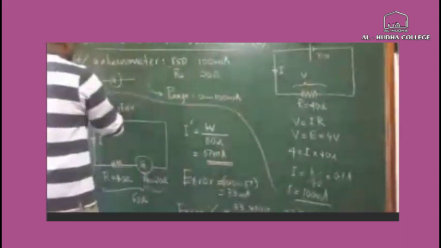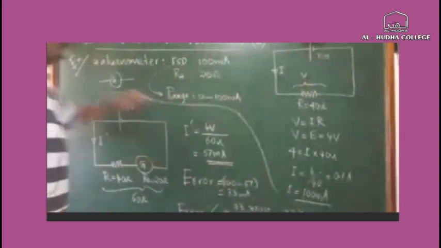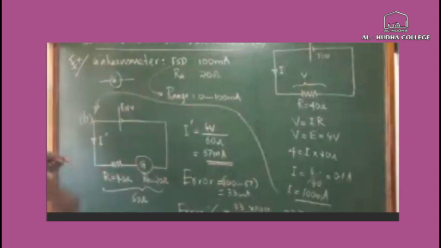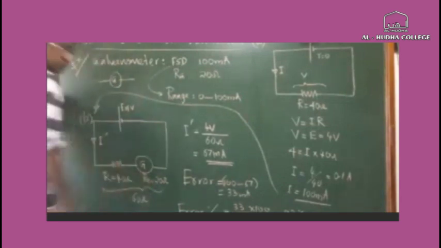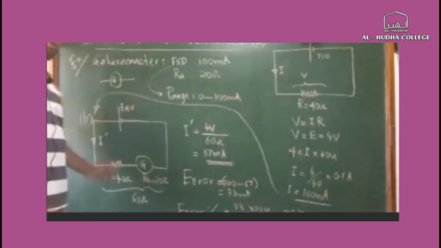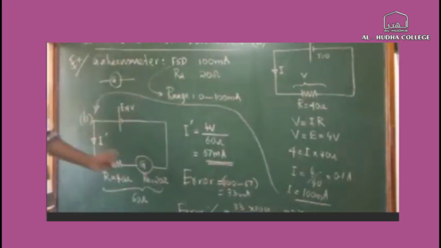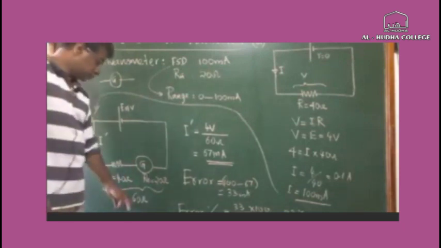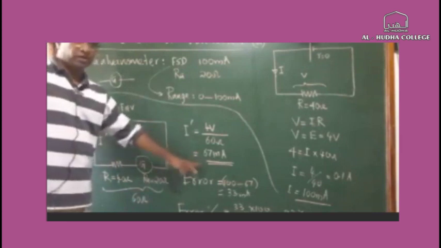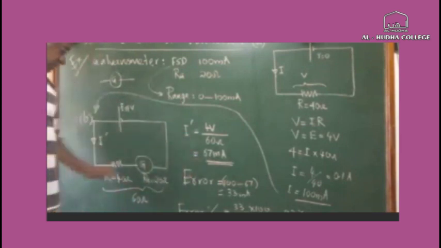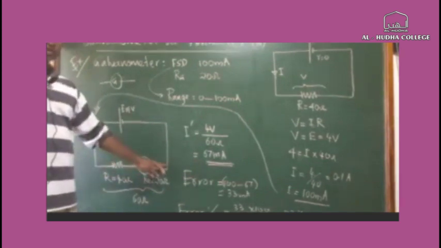Then we came to the case of the galvanometer being connected in series with the resistor, the load. When you connect the galvanometer, you have 40 ohm and 20 ohm in series, so the circuit resistance is modified and the current is going to change. The total resistance is 60 ohm. We calculated the new current, that is 67 milliamps, which is the current going through the galvanometer, the measured current.